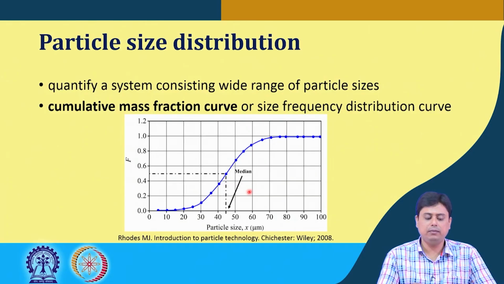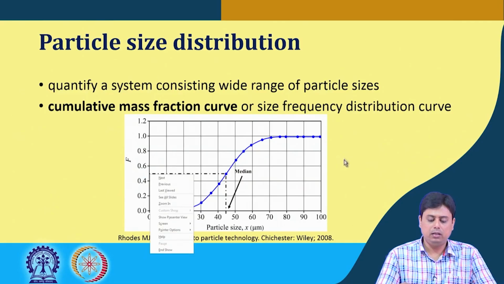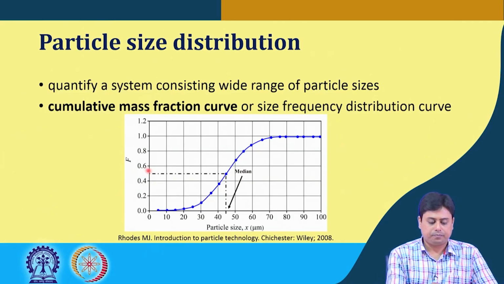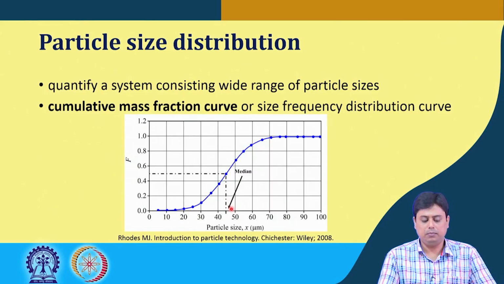How do you find the median? You take 50% of the total sample, draw a horizontal line, find where it intersects, and you get a value on the x axis, which is the median of this sample.